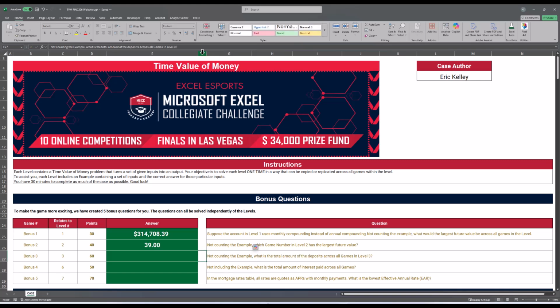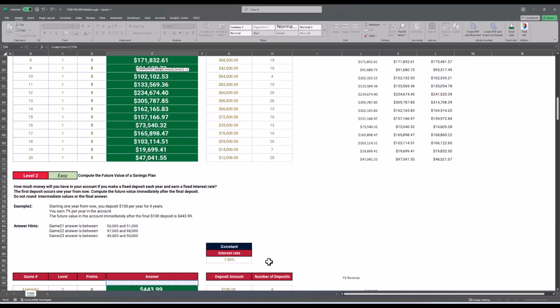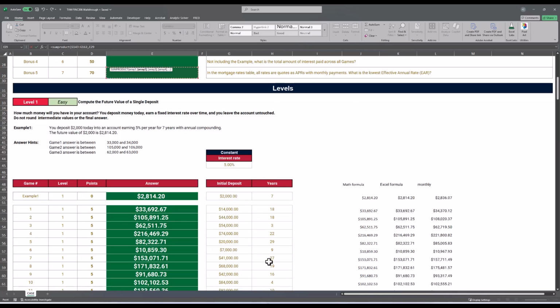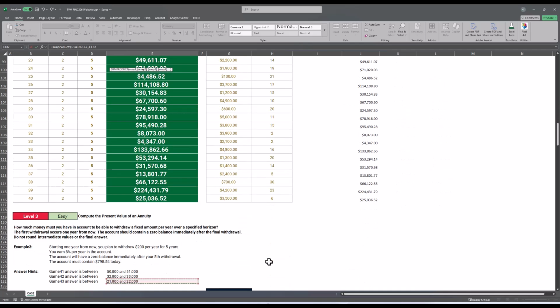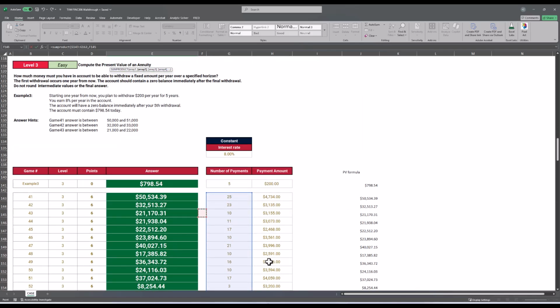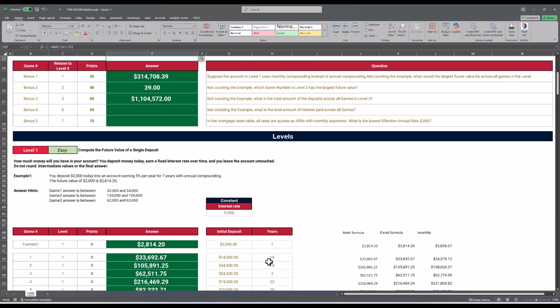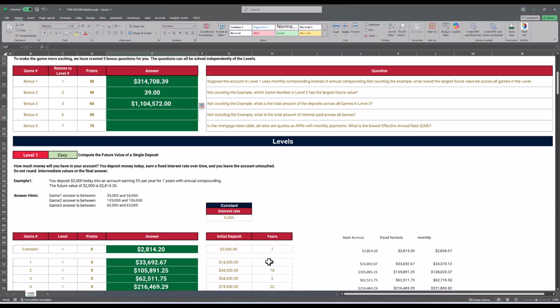I can tell that is level 3 here because I've got level 3, but do a SUMPRODUCT of the number of payments and the payment amount. So SUMPRODUCT multiplies each row and then adds them together. Answer there.